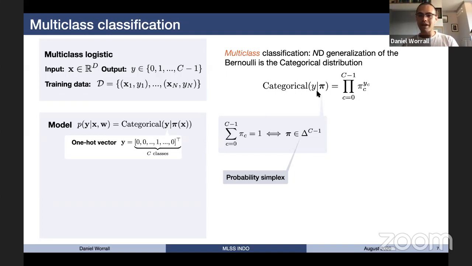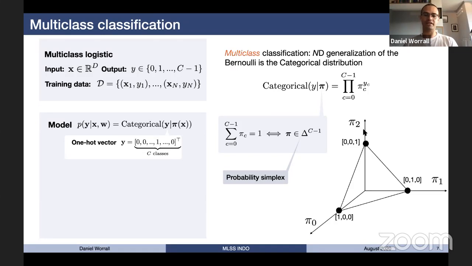And the categorical, if y is this one-hot vector, will just return the pi_c corresponding to the y_c equal to 1, because all of the other y_c's will be 0, which will be pi to the 0, which gives you a 1. So it will only be the correct class which we're interested in. This is an example of what the probability simplex looks like.